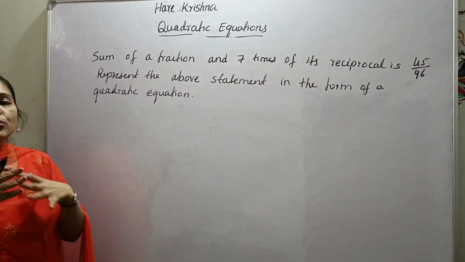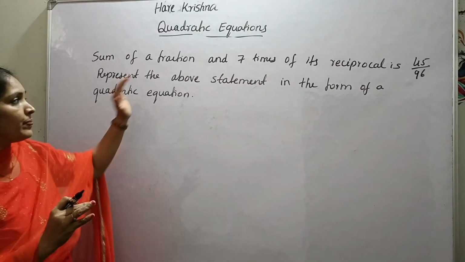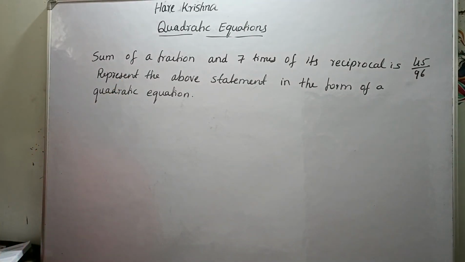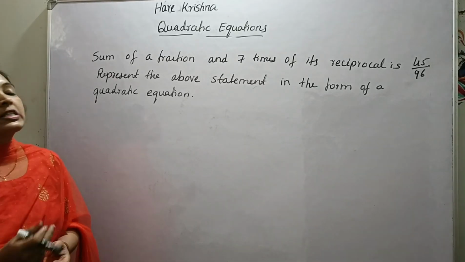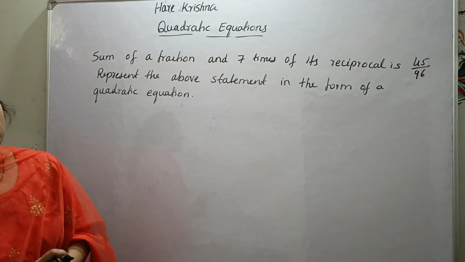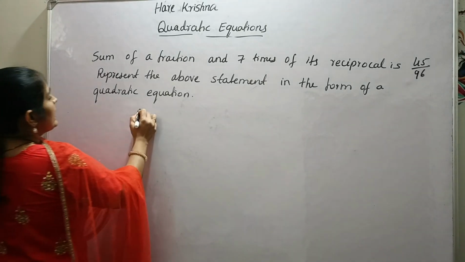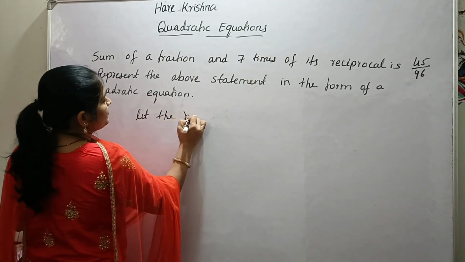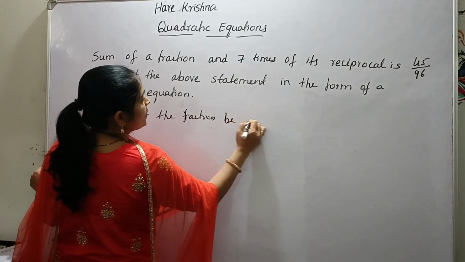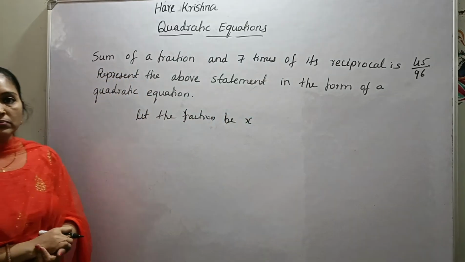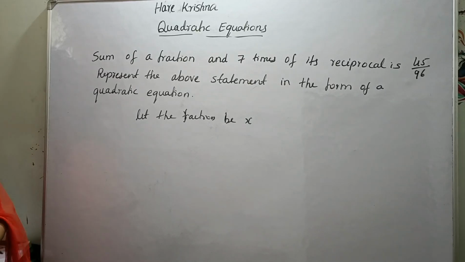That is, we have to form a quadratic equation from this statement. The statement is: sum of a fraction and 7 times its reciprocal is 45 divided by 96. So let the fraction be x, or x by 1.